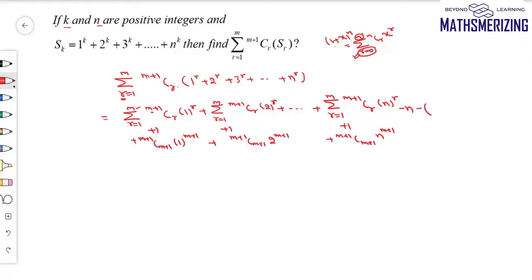So I'll need to subtract these terms here also. Now (m+1)C(m+1) is 1, so I'll simply write 1 to the power of m plus 1 plus 2 to the power of m plus 1, all the way up to n to the power of m plus 1.